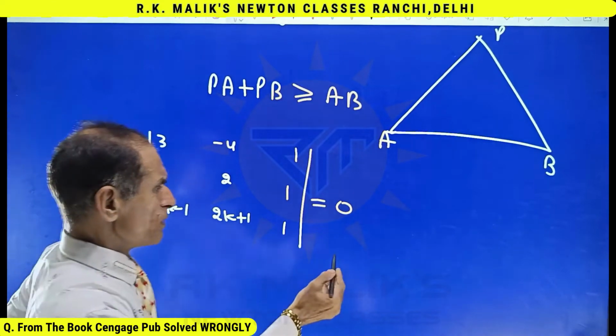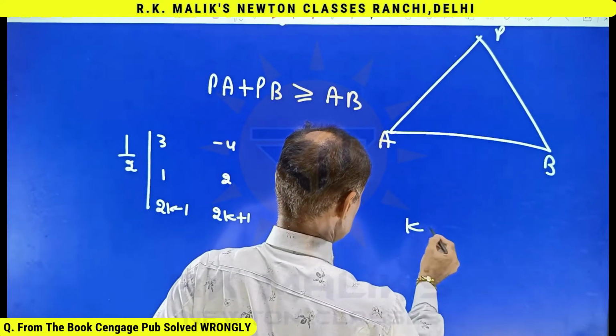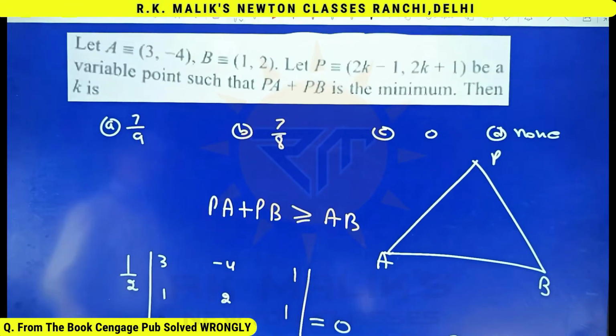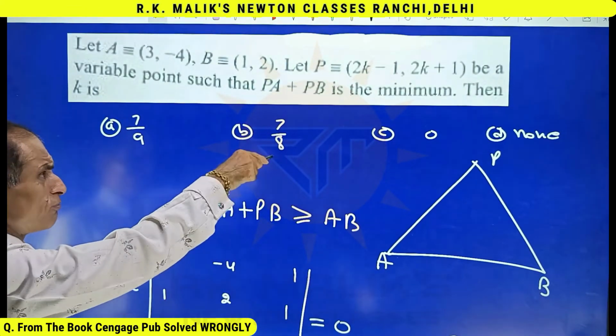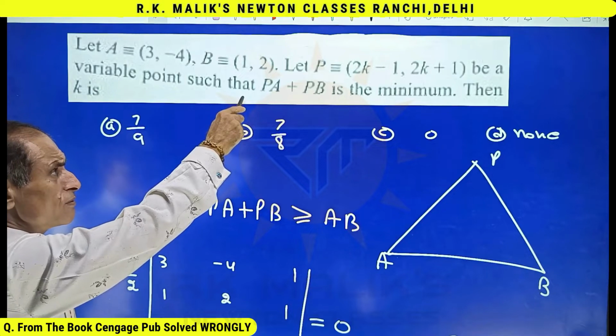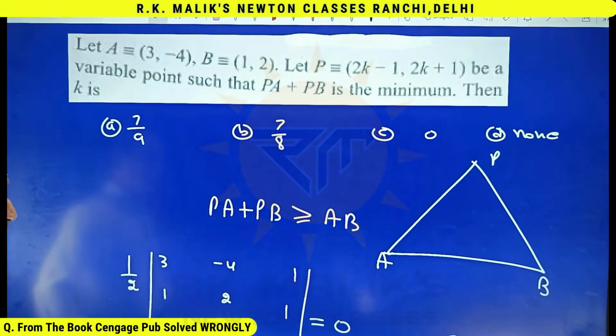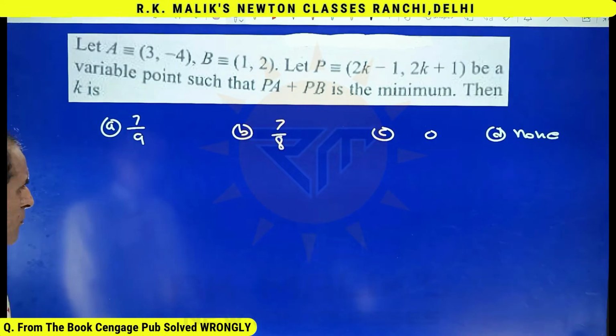And after opening this determinant, you will get the value of k as 7/8. That is, when the value of k will be 7/8, at that time PA + PB will become least. But actually it is wrong. What is the mistake in it and what is the proper way? Now I will tell you.